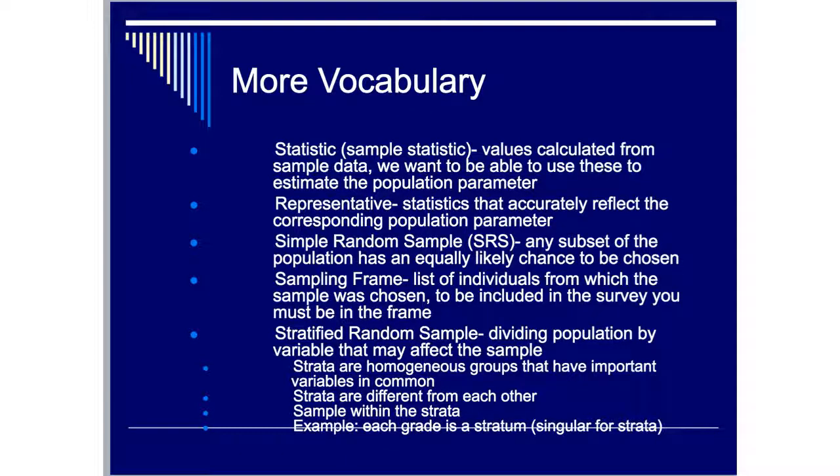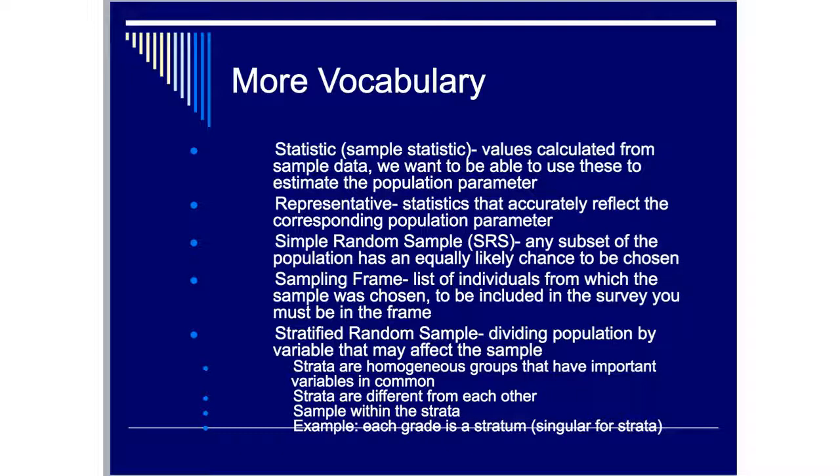The next one is called a stratified random sample. Stratified is when we divide the population by a variable that we think might affect the sample. For example, what if my question might be answered differently among the grade levels on campus? I think freshmen might have a different opinion from the sophomores, the juniors, and the seniors.